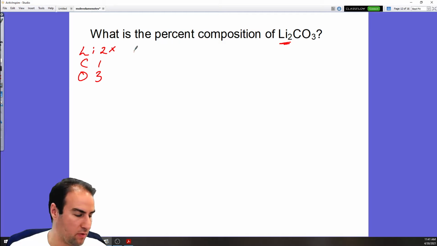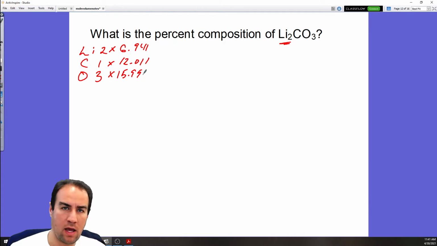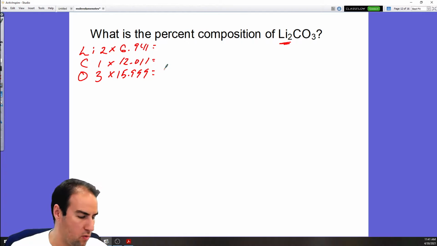Lithium's molar mass, which you find on the periodic table, is 6.941. Carbon's is 12.011, and oxygen's is 15.999. Pull out your calculator, do a little bit of math. 2 times 6.941, we get 13.882.